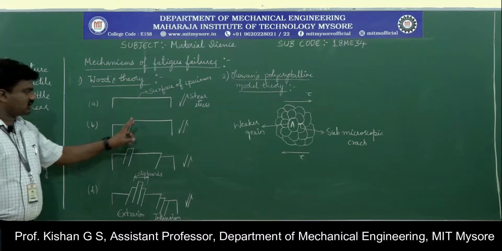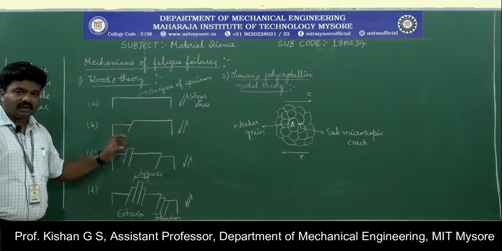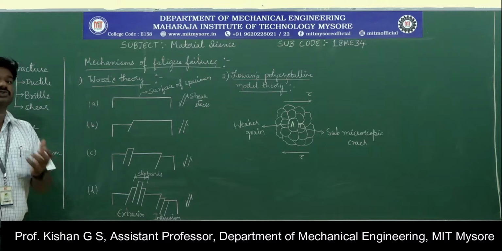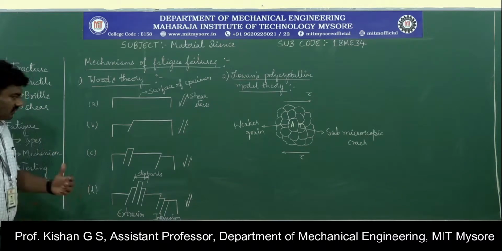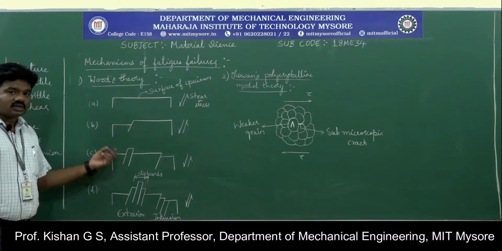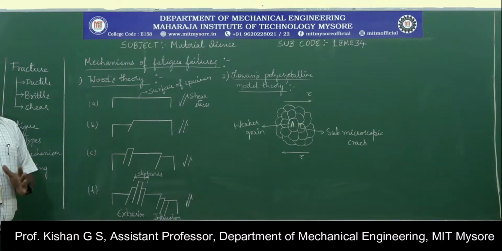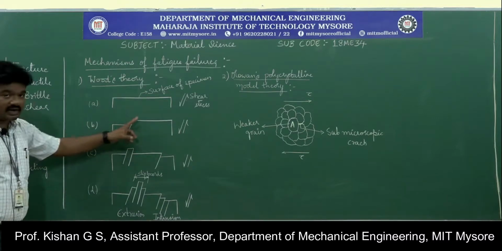Once the slip is formed, upon further increase in the load, to define the term progressive fracture in fatigue behavior, there will be different irregularities identified over the surface of the specimen. So this was the slip identified.